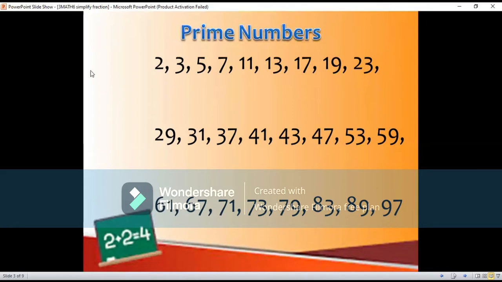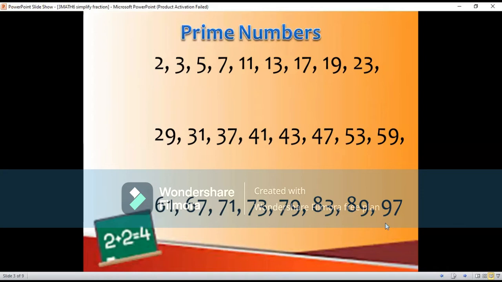Let's have an example. This number 2 can be divided only by 1 and 2. Another, this number 3 can be divided by 1 and 3. And also 5 can be divided by 1 and 5. And also all these numbers can be divided by 1 and themselves.